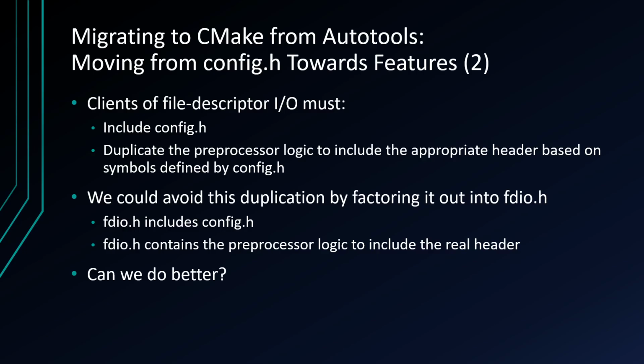You still end up with everybody that wants to do fdio connected to config.h, and any configuration option that changes over time causes everybody to rebuild, even if the results of the search for fcntl.h or io.h remain the same. These clients of the file descriptor IO feature are going to be rebuilt because they depend on that config.h. So can we do better than that?